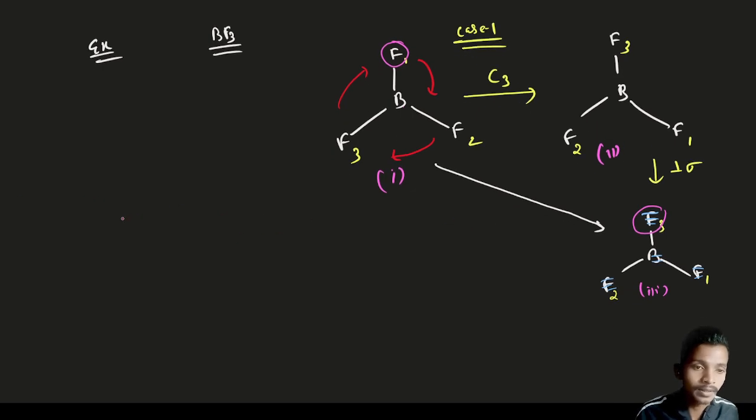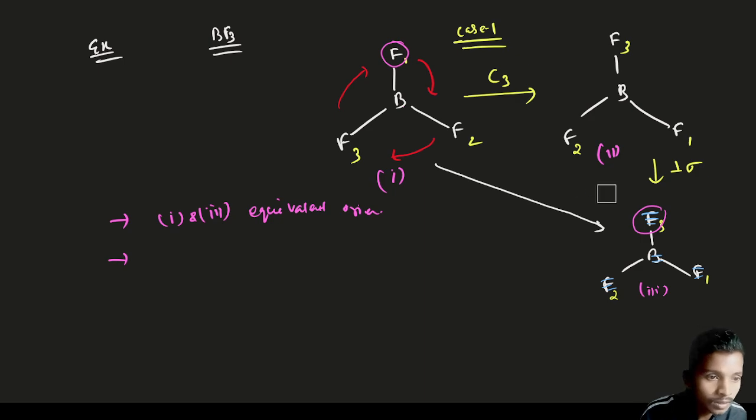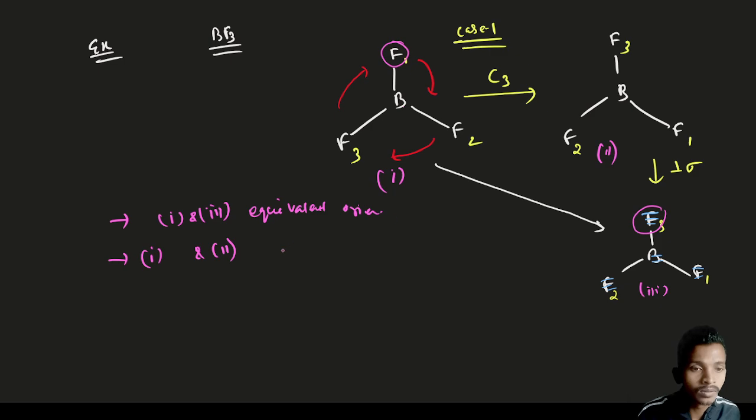Here, what things are present? So 1 and 3 are equivalent orientations. Similarly 1 and 2 are also equivalent orientations. So 1 and 3 equivalent orientations means we know that C3 followed by perpendicular sigma is equal to the S3 axis, so here the S3 axis is present.